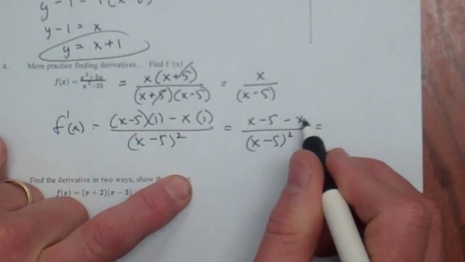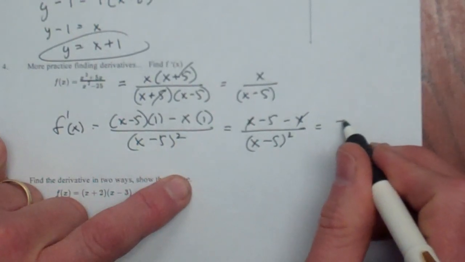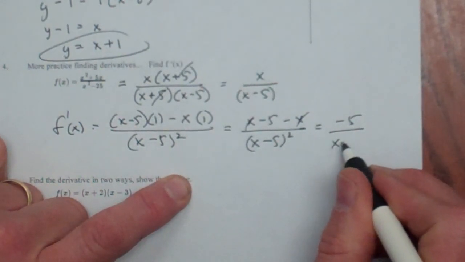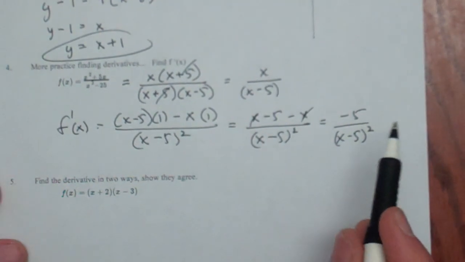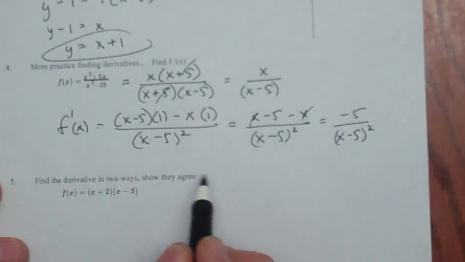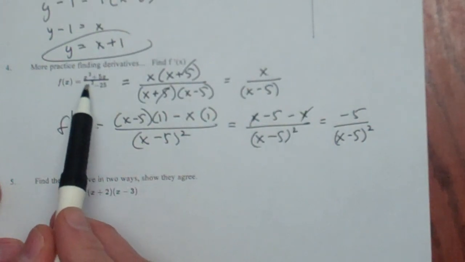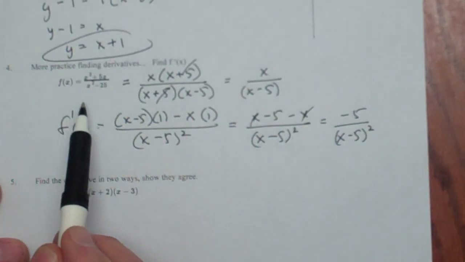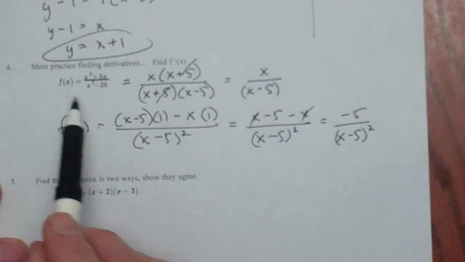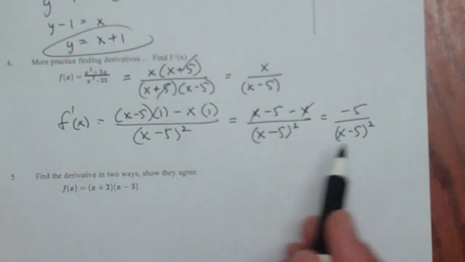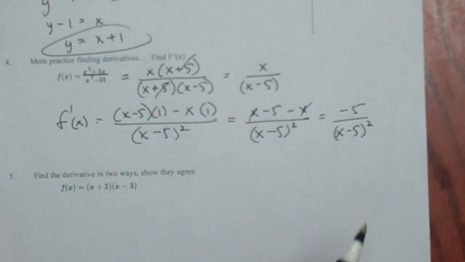Well, that equals, the x's cancel, and you get minus 5 over x minus 5 squared. Okay? So again, simplifying it in this case is a good thing. If you went and did it all the long way, it would probably be a bit of a mess. If you laid it out clearly, you'd still get major credit, but this is ultimately what it would simplify down to.